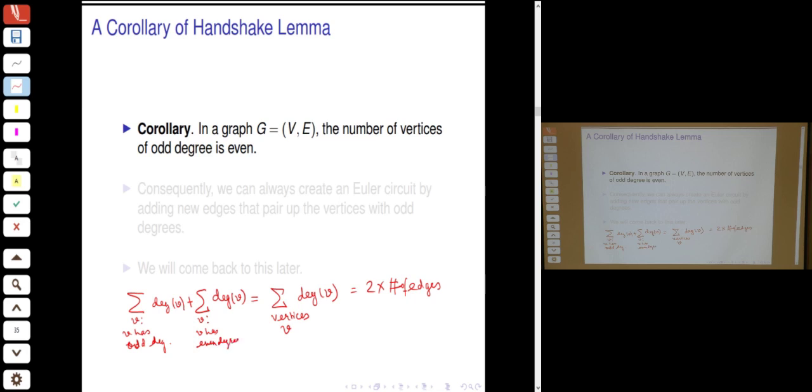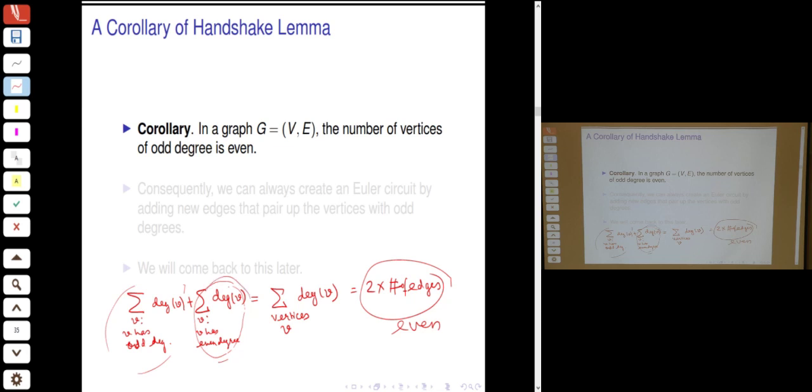Okay. Now, let us do a simple parity calculation. The right hand side is even, right, because it is 2 times the number of edges, so 2 times an integer, so even. What about the left hand side? The left hand side consists of 2 parts.